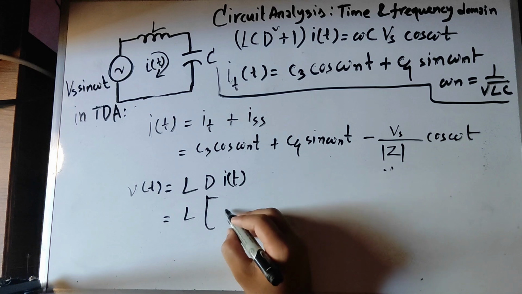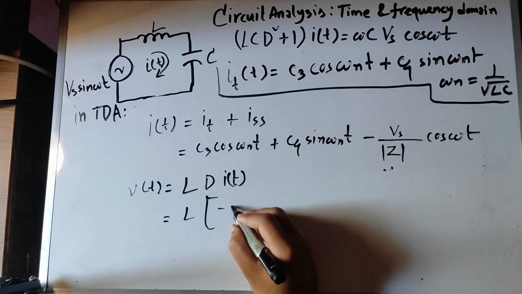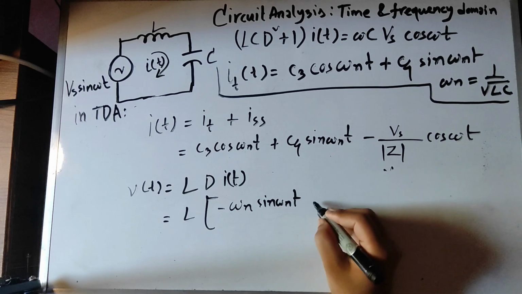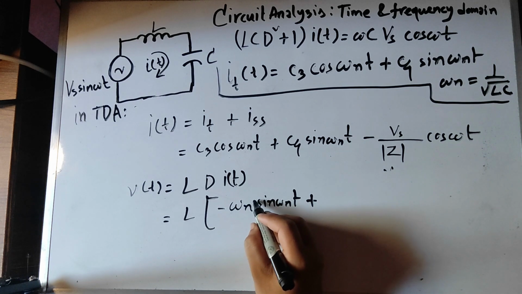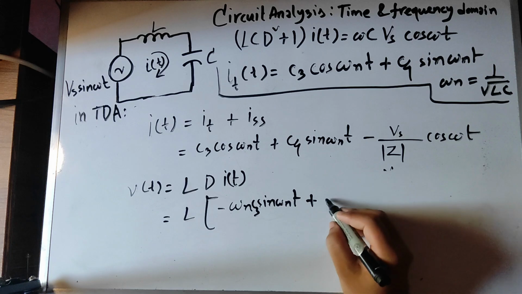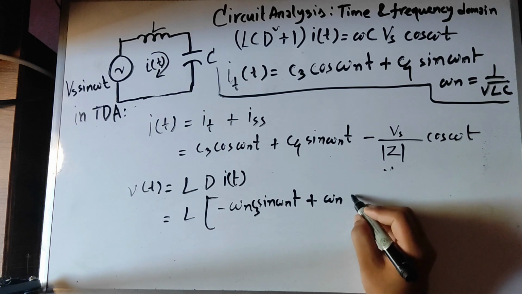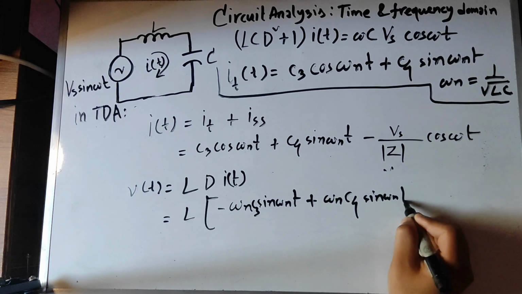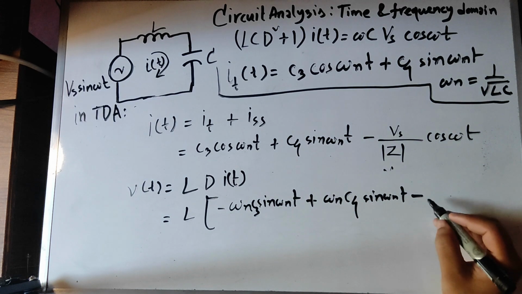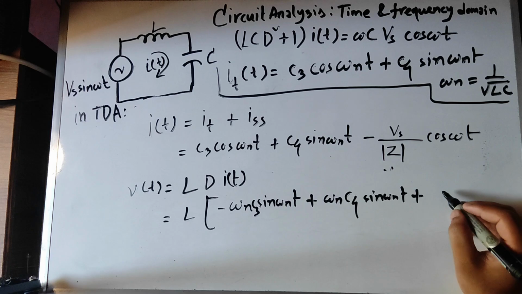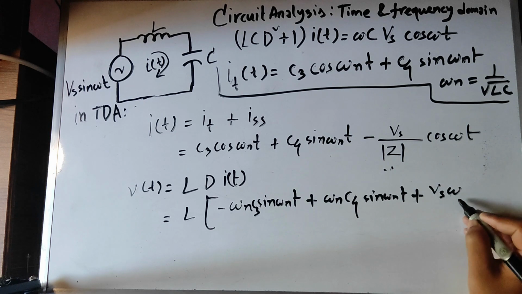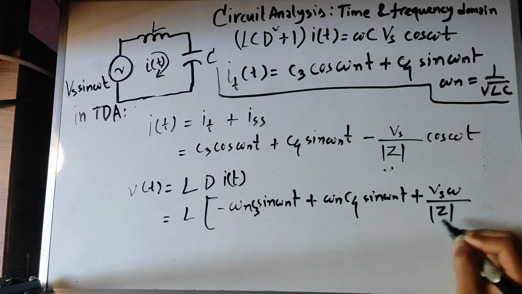So cos omega t differentiates to minus omega n sine omega n t. So C3 omega n, C4 sine omega n t, minus, this will become plus Vs omega by Z.